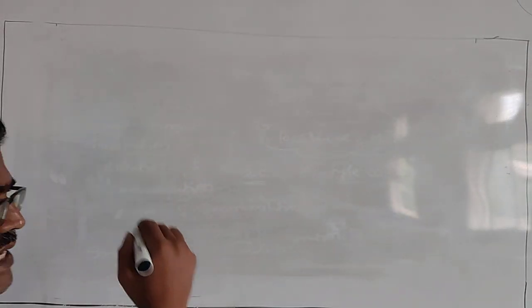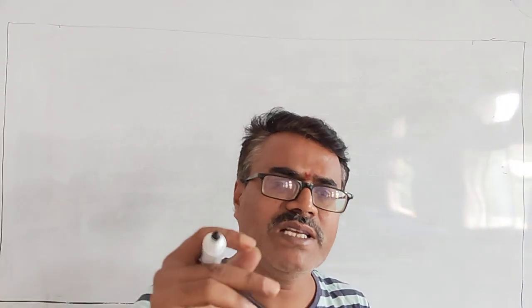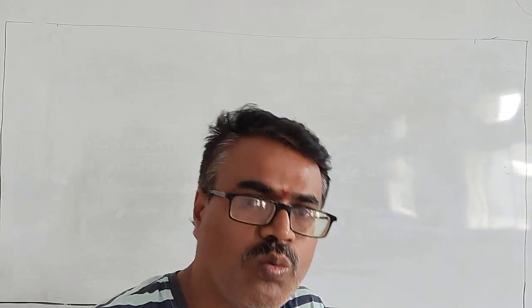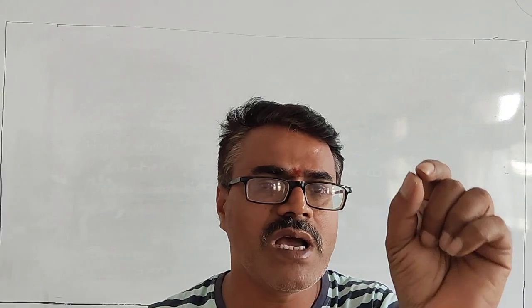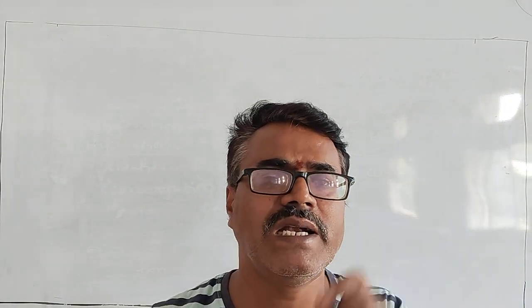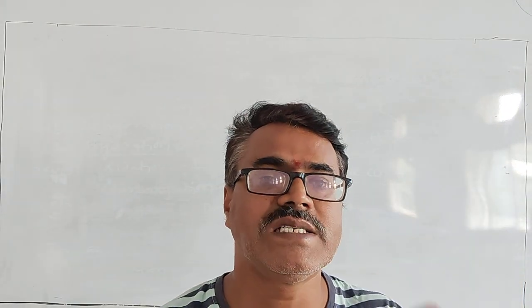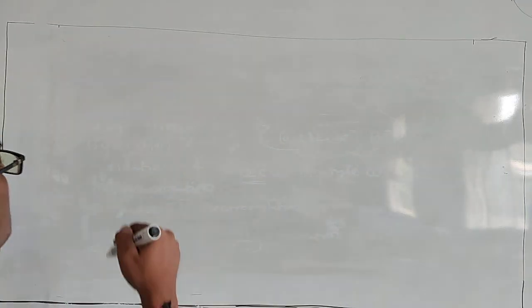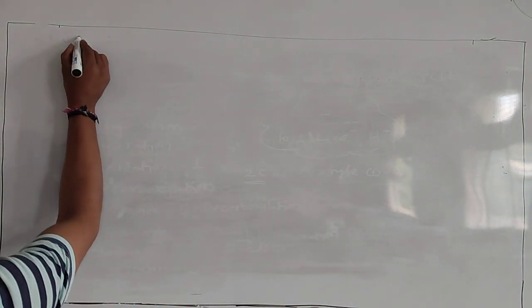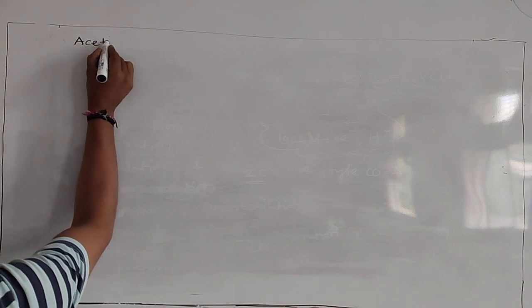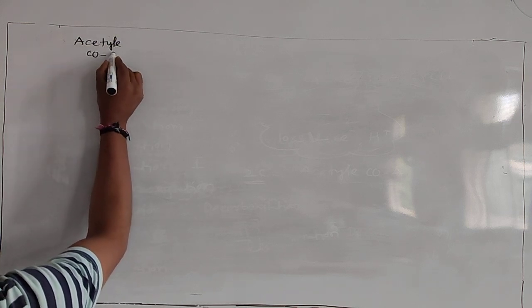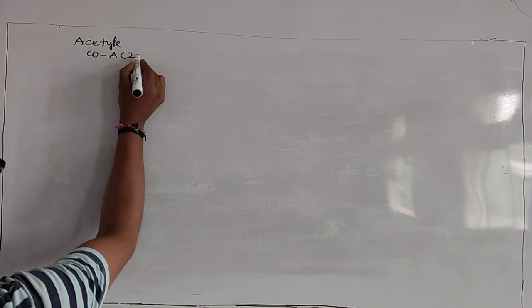Next, we discuss one by one in this topic. The acetyl coenzyme A we already discussed in the previous topic, link reaction step 2. The step 2 link reaction finally results in the formation of acetyl coenzyme A, which is a 2 carbon compound.